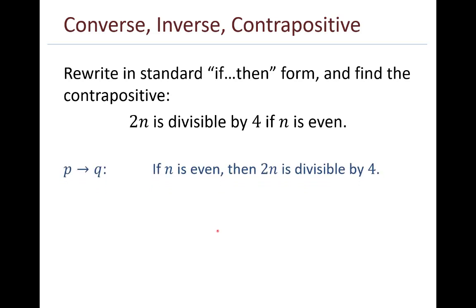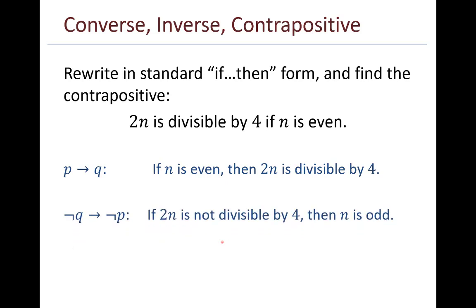So there's my original P implies Q. And what's the contrapositive of that? All right, it is not Q implies not P. If 2n is not divisible by 4, then n is odd. And we'll say odd is kind of the same thing as being not even.